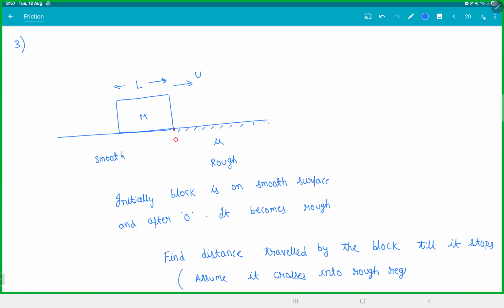There is a possibility it will stop somewhere in the middle only, even before completely entering. So we are going to assume you have enough speed to enter inside. If you don't give enough speed, the block can go like this and stop like this only, with some part on the rough and some part on the smooth. We are assuming this won't happen. We are assuming the block will completely enter inside like this. Then find the distance traveled.